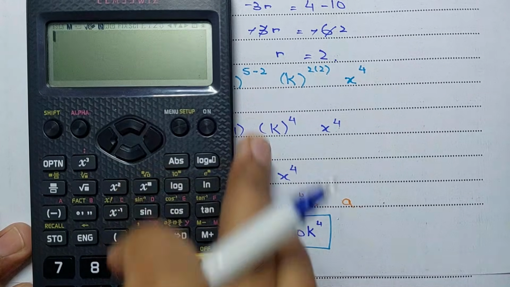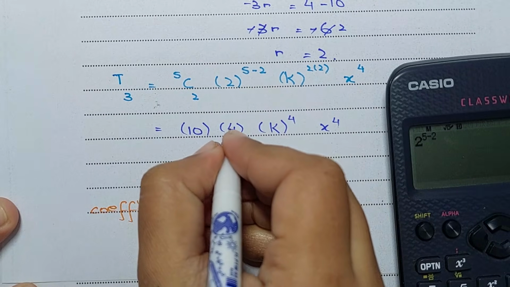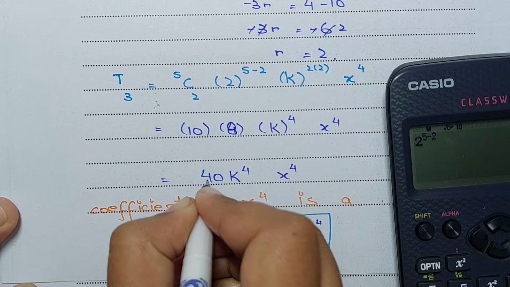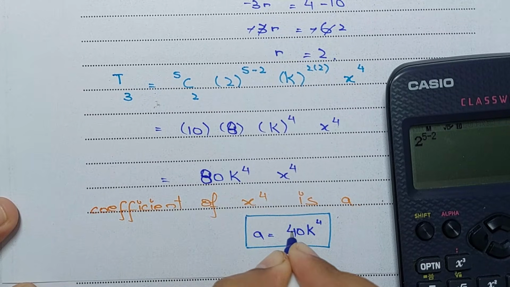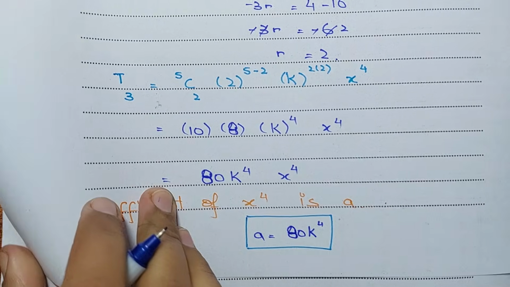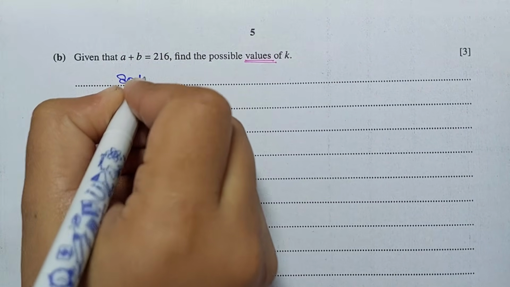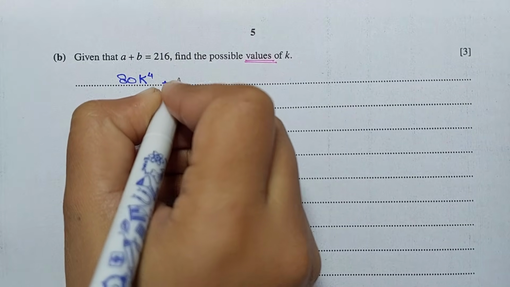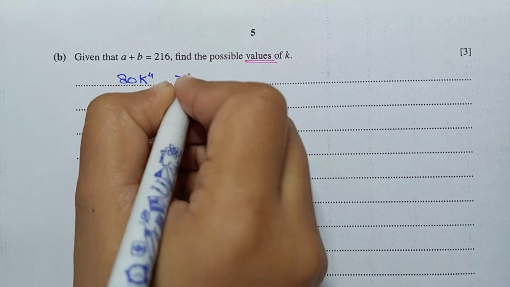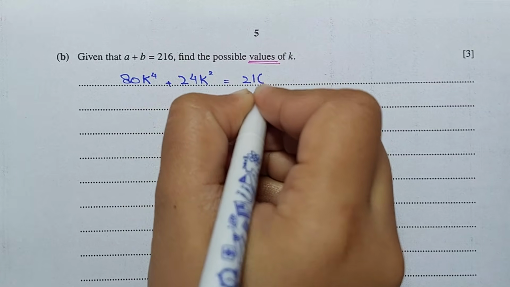We know that 2 to the power 5 minus 2 is 3, which is 8. Oh, so 8 times 10 is 80. This is 80. Sorry. Now use this value of a and b, and their sum: the a value is 80k to the power 4, and the b value is 24k squared, and this should be equal to 216.